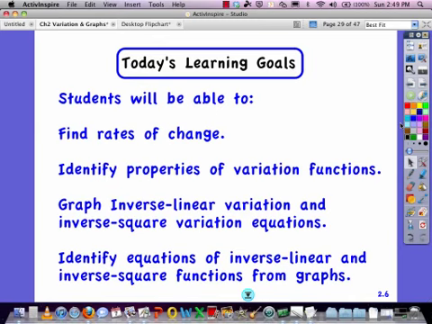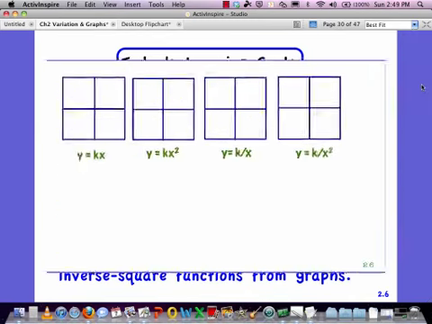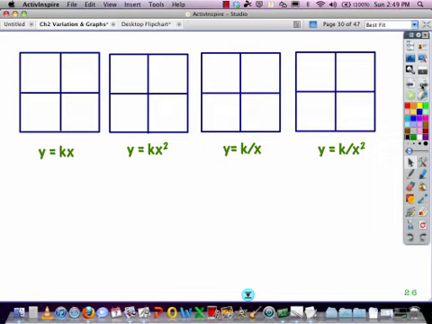Okay, so let's look at what we've done already. If we add today's to it, we now have 4 equations that we should be able to graph depending upon what k is.